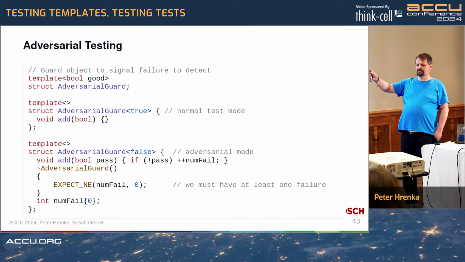The problem is, if we test an adversarial case, some function that should not pass, we have to know whether there were any failures. And we only know that after the test is through, so we need this guard to check. If there have been no failures, then of course the adversarial test has failed, right? Because it has to detect a failure, it has to detect the wrong function.